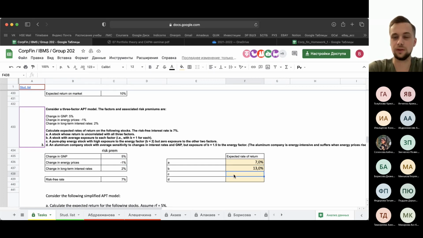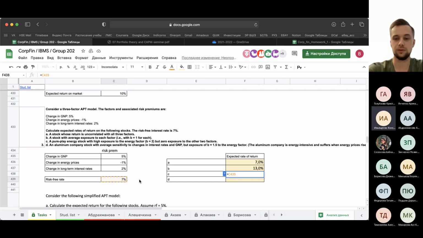Maybe someone has solved it already. Probably the same, but we need to multiply all the changes by 2. All the changes, or just, I guess, just the energy factor? Yes, the change in energy price.